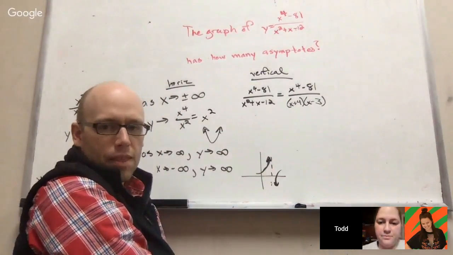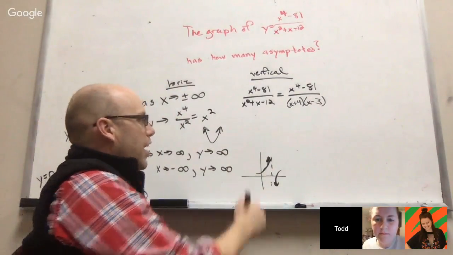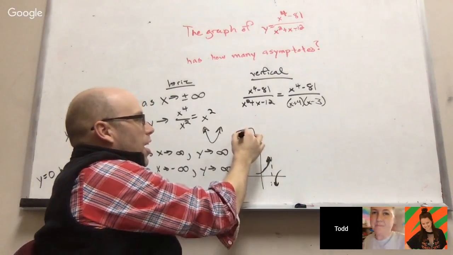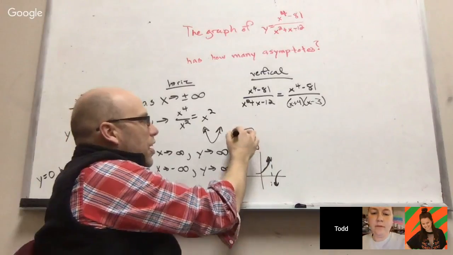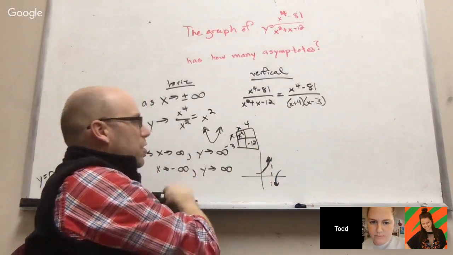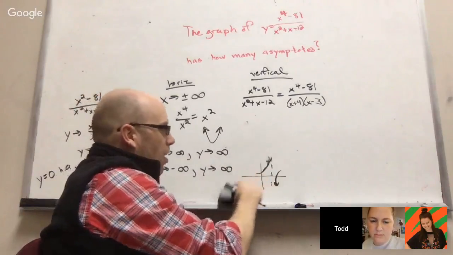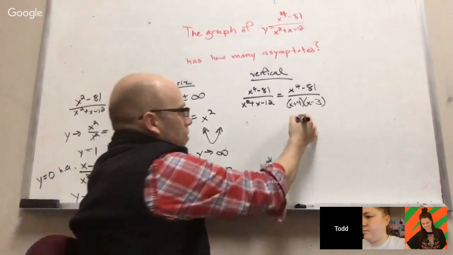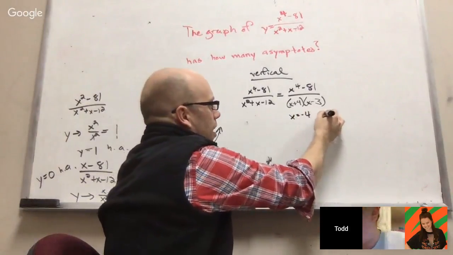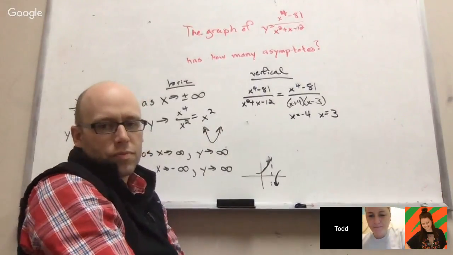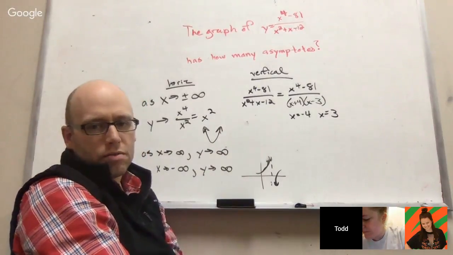If you like the box method we talked about in class, you could also always do that: x squared, negative 12, x and x, 4 and negative 3, and then figure out if it works, regardless. So the denominator is going to be undefined at x equals negative 4 and at x equals positive 3. All right? Does that look all right?